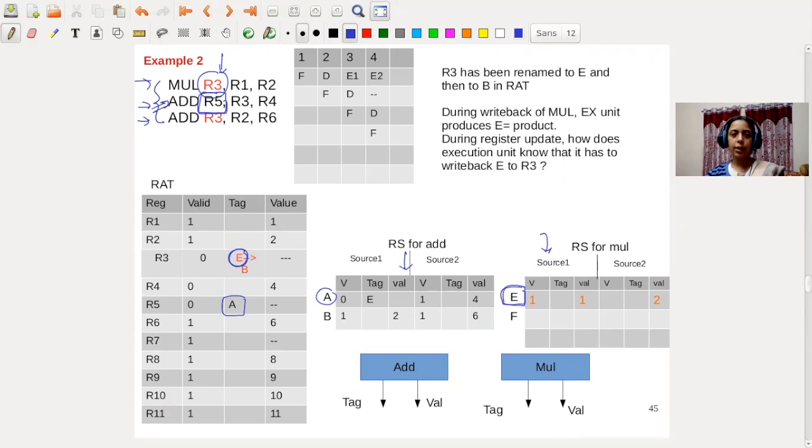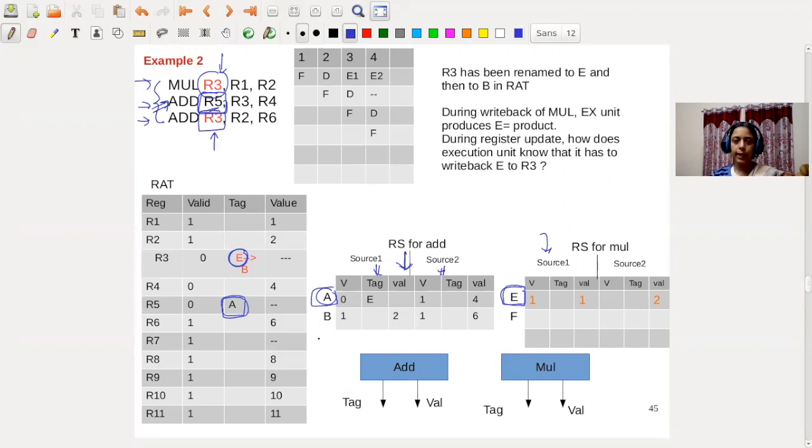The second instruction add, whose destination is R5, has been renamed to A because add has been issued to the reservation station A. Now, of course, you can also update the sources here, but that's not the key point. The point is, now the third instruction add comes in. It also has the destination R3.